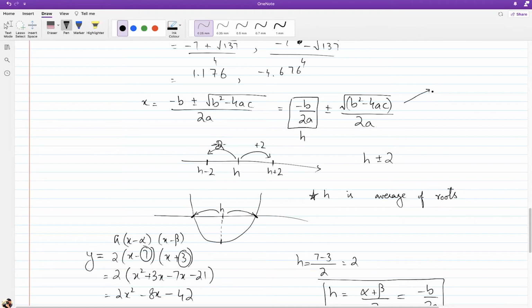If b square minus 4ac is negative, then the square root will give us a math error if we put it in a calculator. So if it is negative, that means it is imaginary. It is a math error. If it is equal to 0, then it will give us 0.